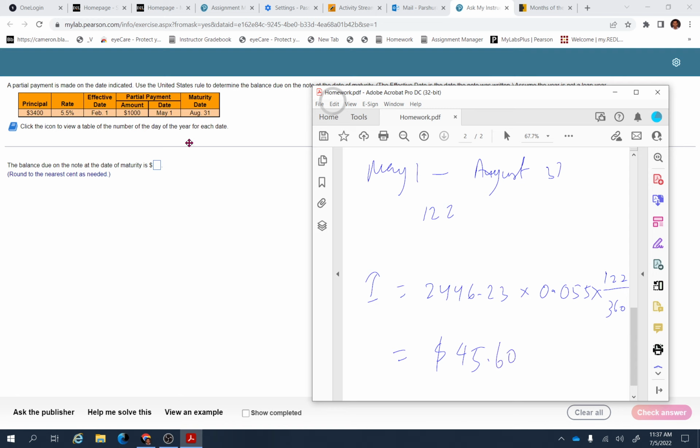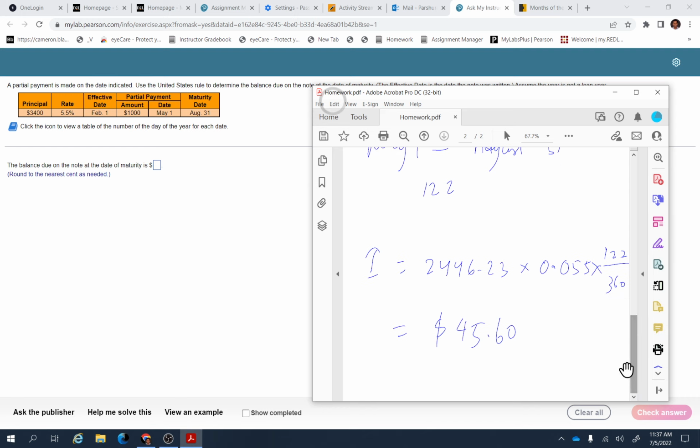So eventually the balance due on the note at the date of maturity is this interest plus this principal. So the balance is this principal, $2,446.23, plus this interest, which is $45.60.